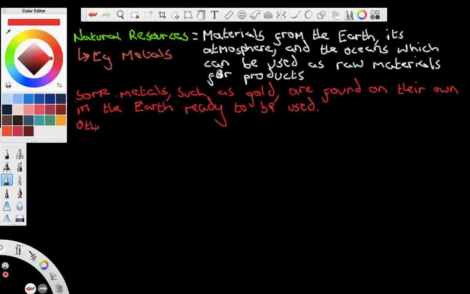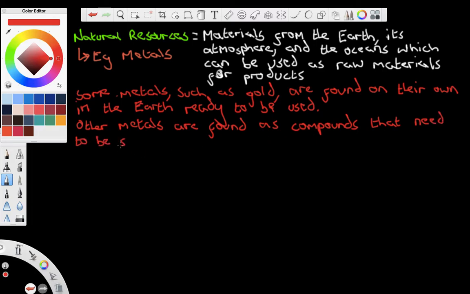So other metals are found as compounds that need to be separated before they can be used, e.g. copper.